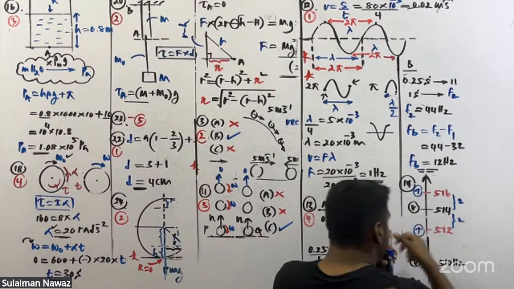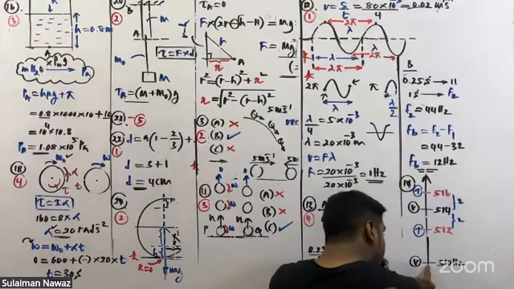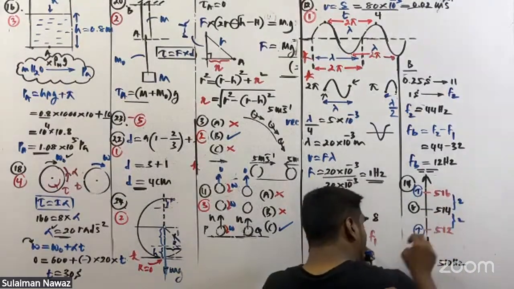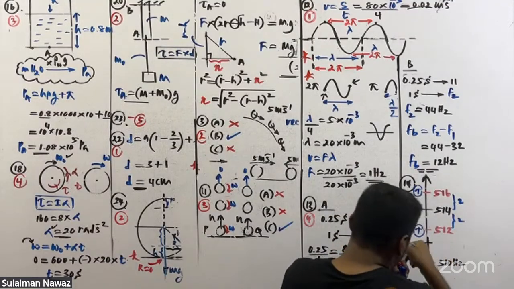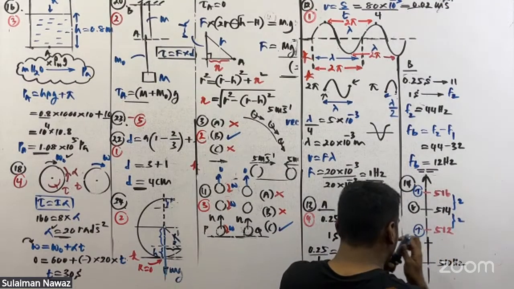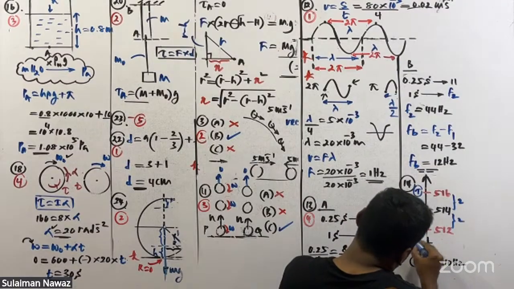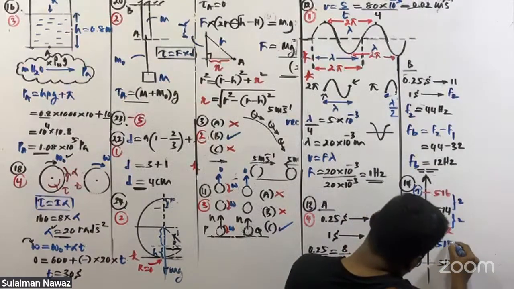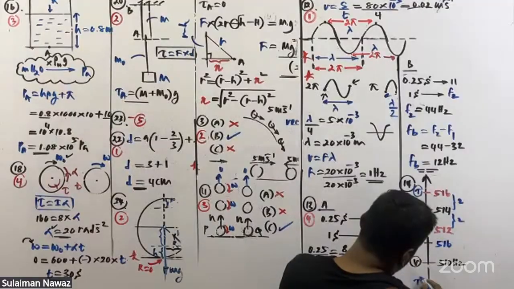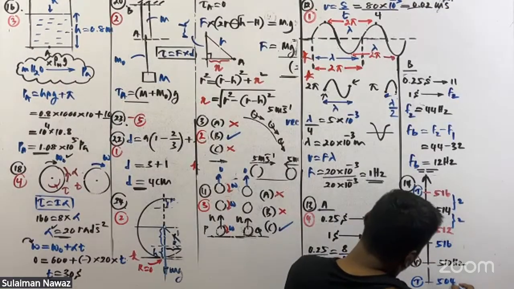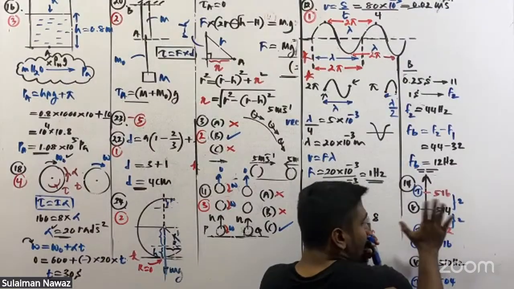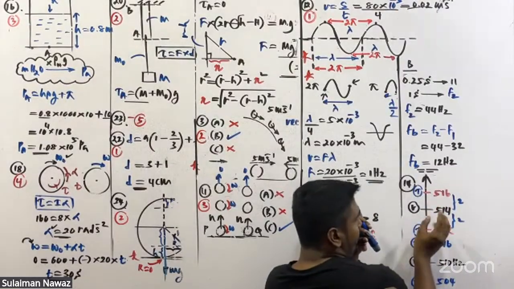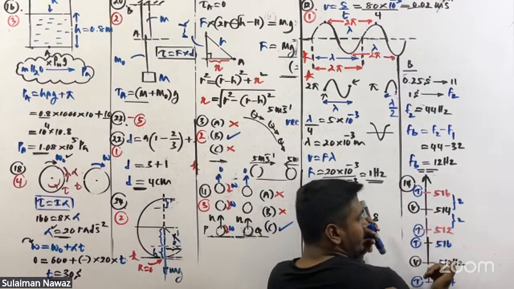This time when you vibrate with the same tuning fork, the beat frequency is 6. Then the tuning fork's frequency can be 516. If not, the tuning fork frequency can be 504.